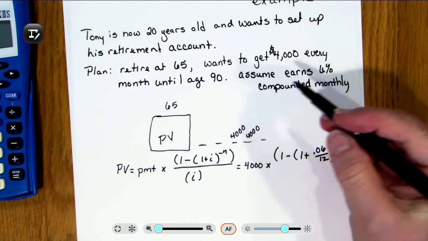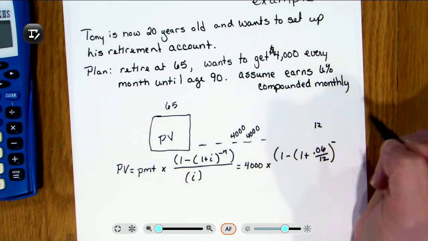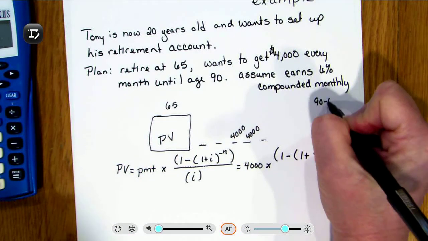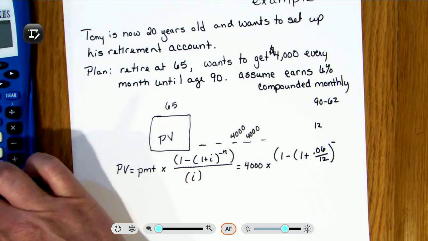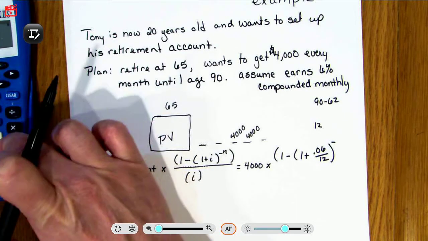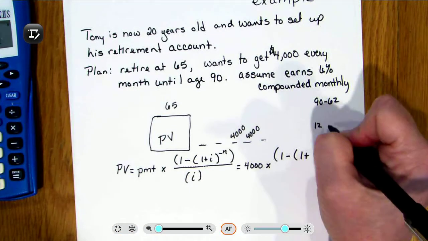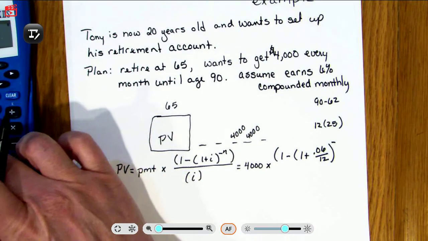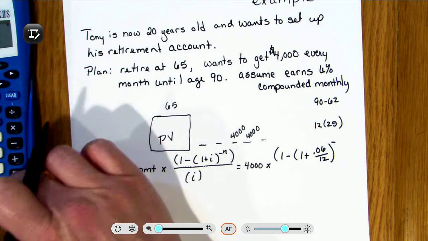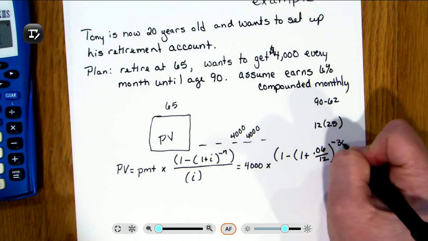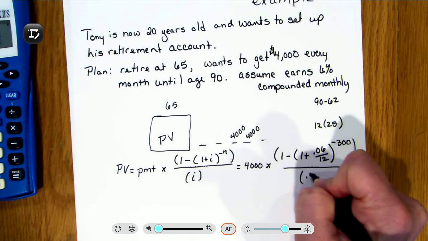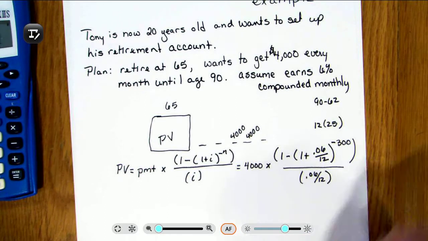My n is going to be monthly, and here I need to subtract 90 minus 65. I believe it's 25. Multiply that by 12, and I get 300. And then all over 0.06 over 12.